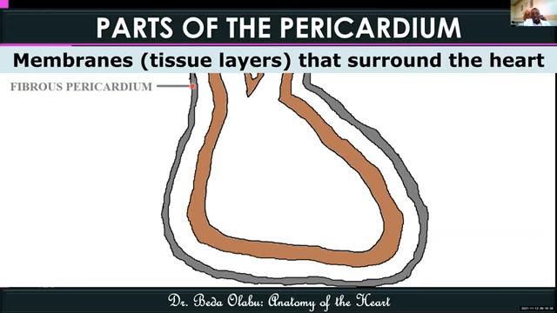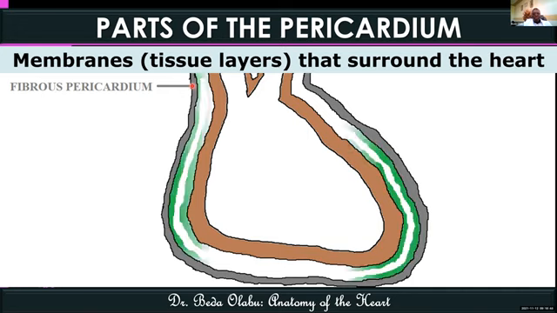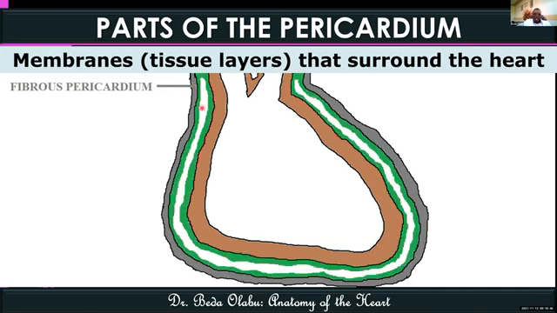So this is fibrous connective tissue. That is why we call it fibrous pericardium. The main aim is to protect the heart. That is one of the layers of the pericardium. The second layer of the pericardium is this one outlined in green. What do you notice?